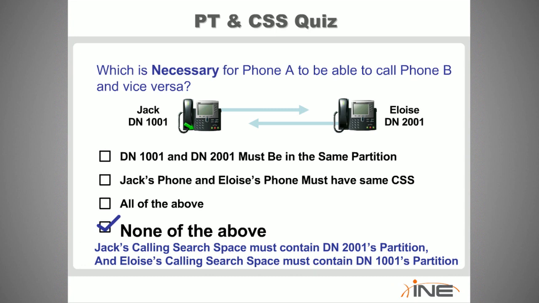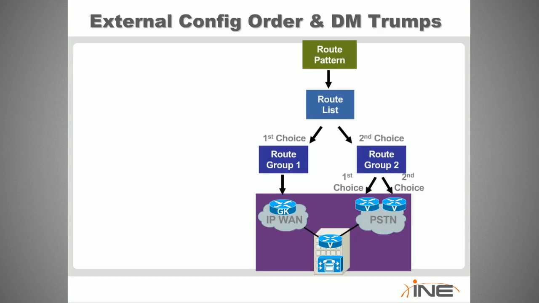The only thing that matters is that Jack's phone has to have a filing cabinet CSS that can see Eloise's partition and then DN. And if Eloise wants to make the call back, her device or line has to have a calling search space as it calls in through CUCM to find the directory or partition that Jack's DN is inside of.